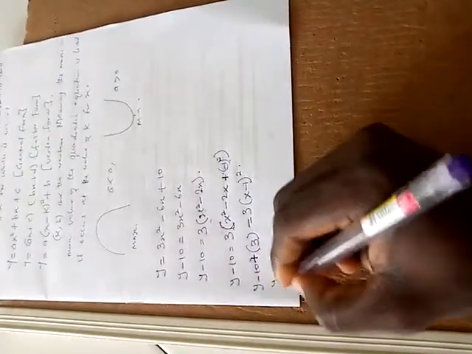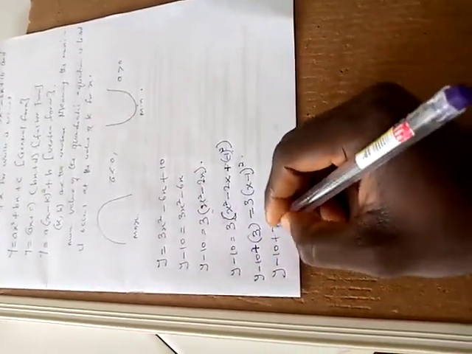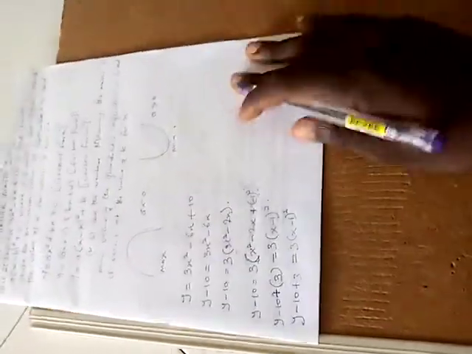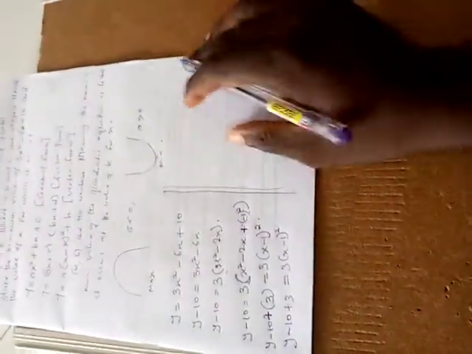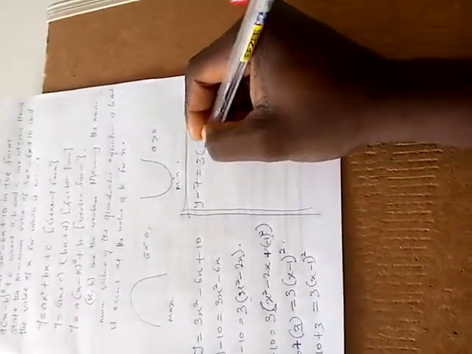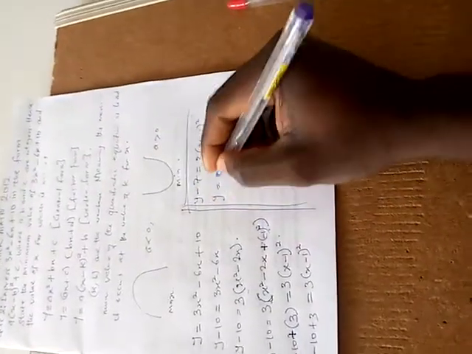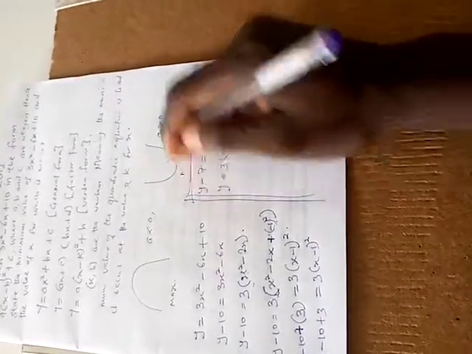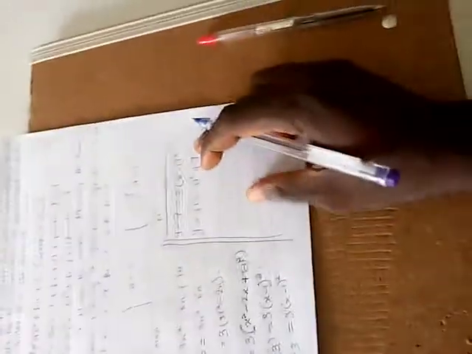So I'm going to have y minus 10 plus 3 equals 3 into (x minus 1) squared. Then I'm going to have y minus 7 equals 3 into (x minus 1) squared. Then y equals 3 into (x minus 1) squared plus 7. When it goes this way, I have plus 7.